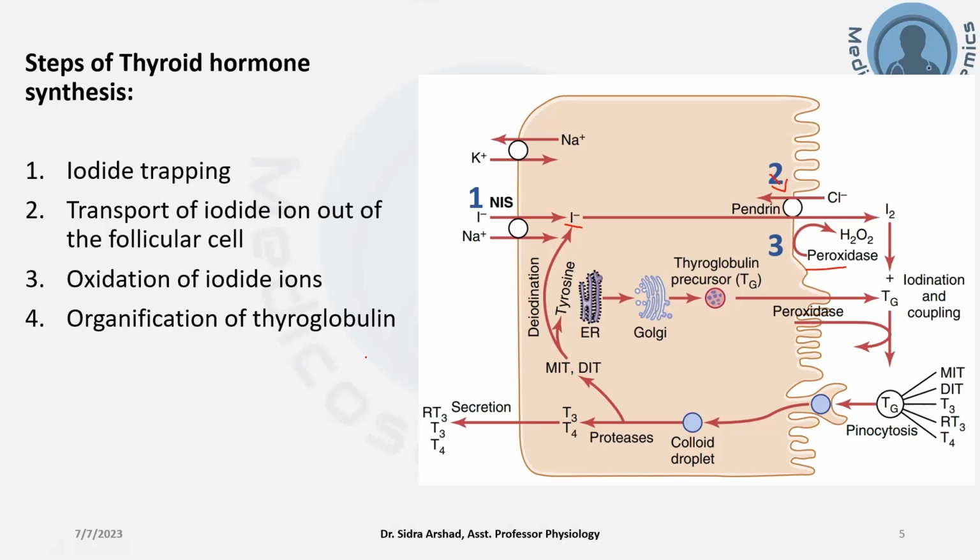The iodine that has now been oxidized from the iodide ions combines with the tyrosine residues of the thyroglobulin molecule, and this process is known as organification of thyroglobulin. So once the organification of thyroglobulin has occurred, the next step is going to take place.